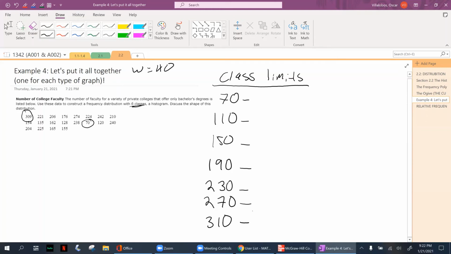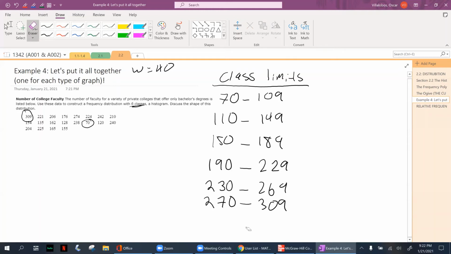And remember those rules, I cannot overlap, so it must be 70 to 109, 110 through 149, 150 through 189, 190 through 229, 230 through 269, and then 270 through 309, and there's only 6 classes, so I don't need to worry about that. So here are my class limits.